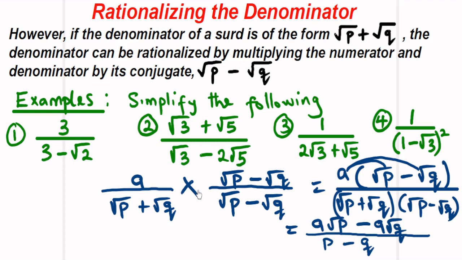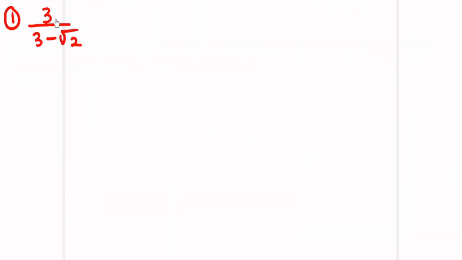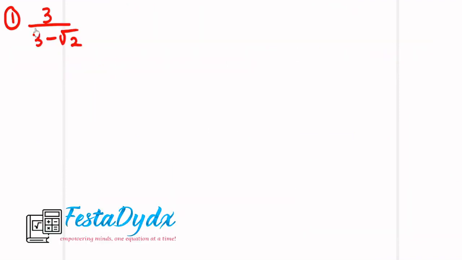Now with this method, we'll be able to solve numbers 1, 2, 3, and 4. So let's proceed. Number 1 is 3 all over 3 minus root 2. The first thing we have to do is look for the conjugate of 3 minus root 2.